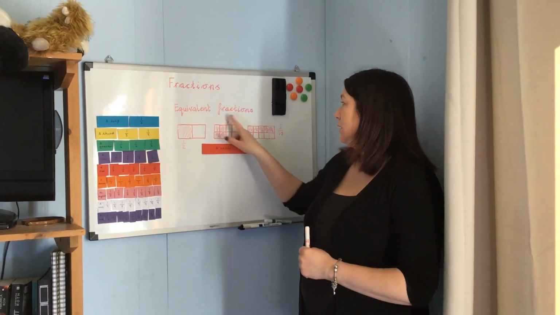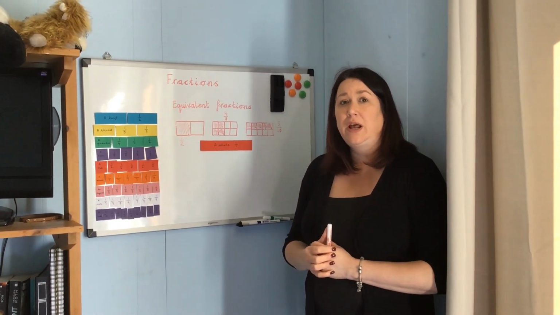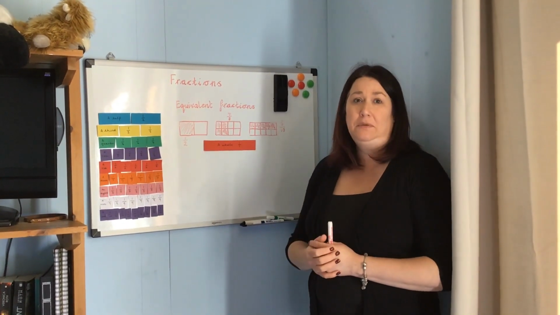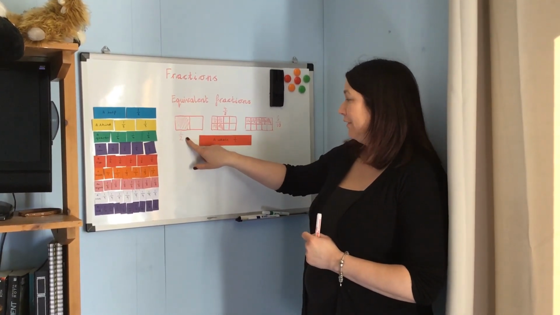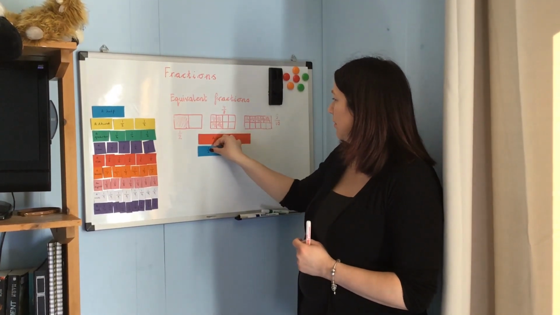These are all different fractions, but in actual fact, if we use the fraction board, we can see that these fractions are in fact equivalent. So here, this was half of the bar, so I'm going to take half of the bar and pop that here.